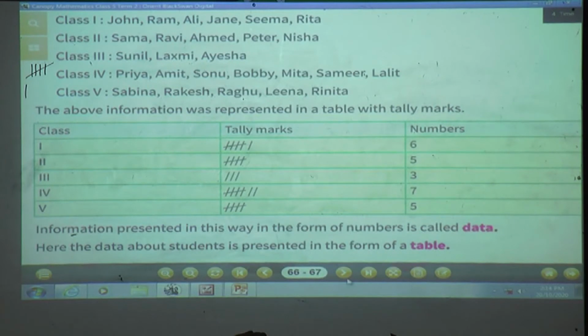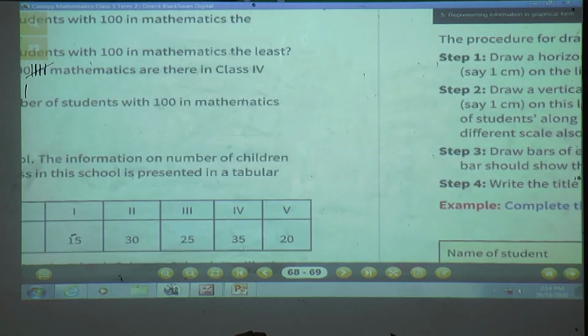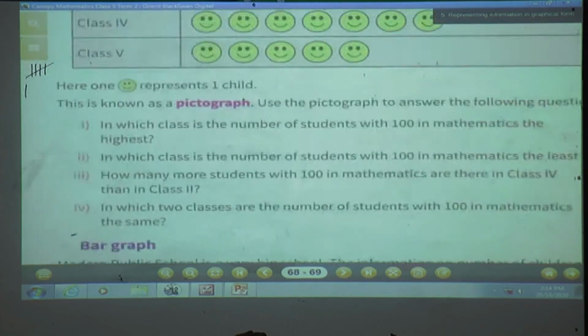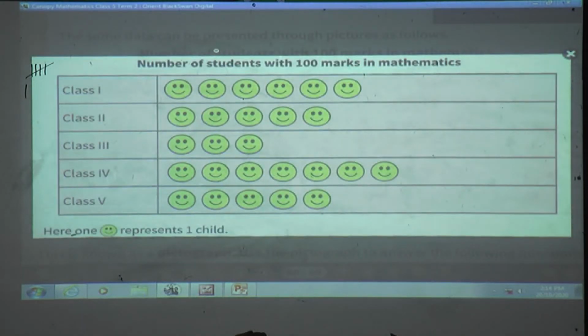Here they have given us information on pictograph. The same data can be represented through pictures as follows. That means just now we saw the table of those 100 mark students. So that data we can present in the form of pictures also.